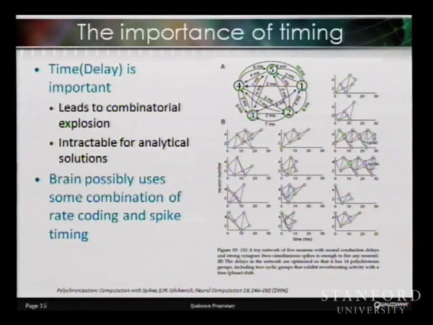The guys we're working with, Eugene Izhikevich, he's come up with this thing called polychronization, where delay is very important in a network. So there's this rather simple animation. Think of a little toy network, 5 neurons, abstracted point neurons.